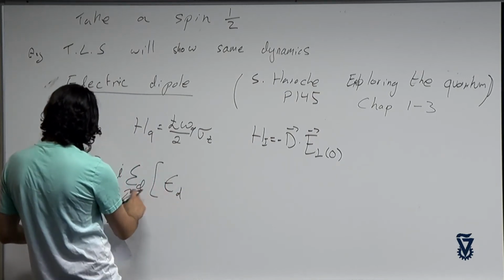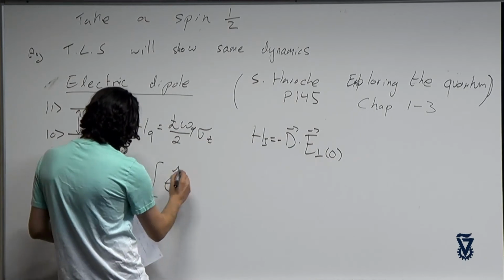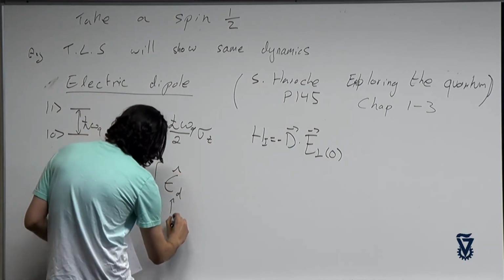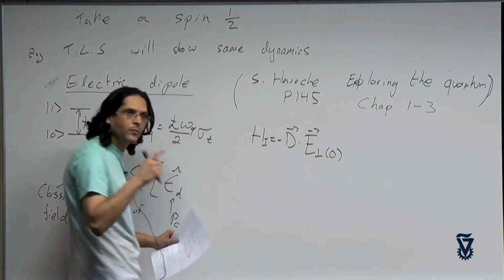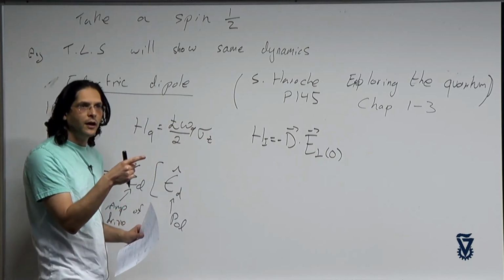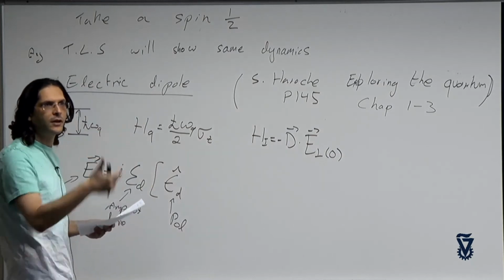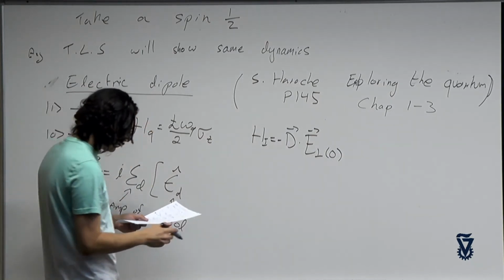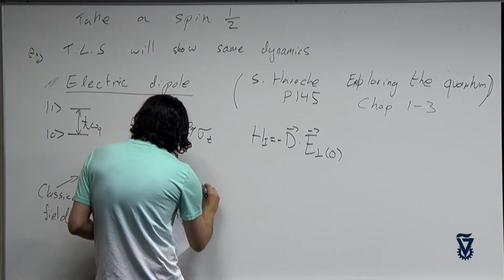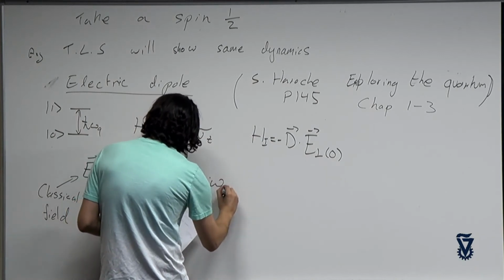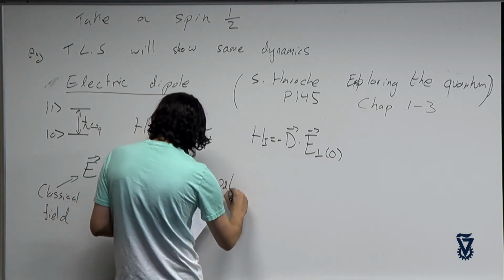This is a different epsilon. Okay, this is a unit vector. This is the polarization of our driving field. So we're driving some linearly polarized field. So think of a laser beam. E to the minus I omega drive t.